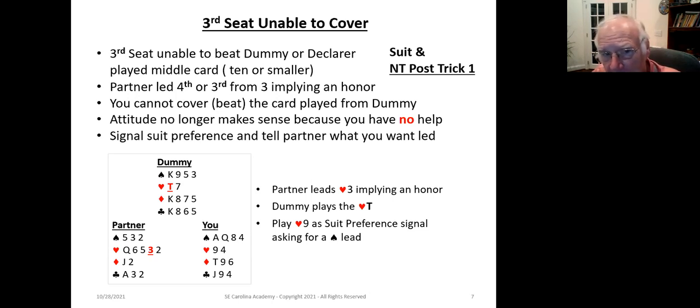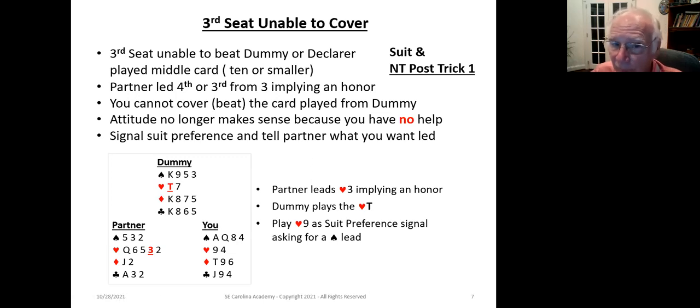However, given that situation, you can tell your partner what suit you would like to have led. So we look at it here and we say, well, we've got the ace, queen of spades, and it's sitting behind this king of spades. So we want to wave a flag and scream bloody murder, partner, please lead a spade. How do we do that? We play the 9, a highish card that says, hey partner, lead spades to me, because it's the higher ranking suit.